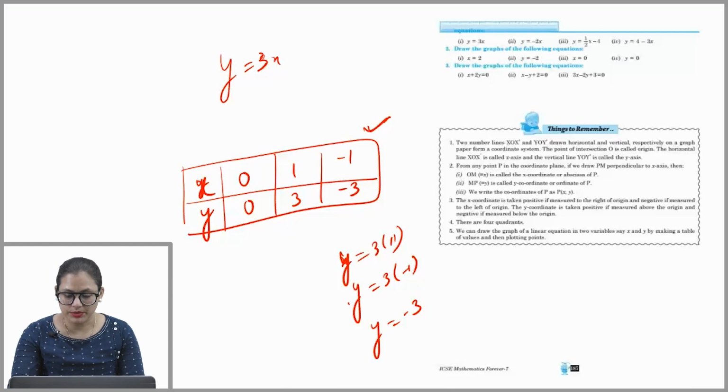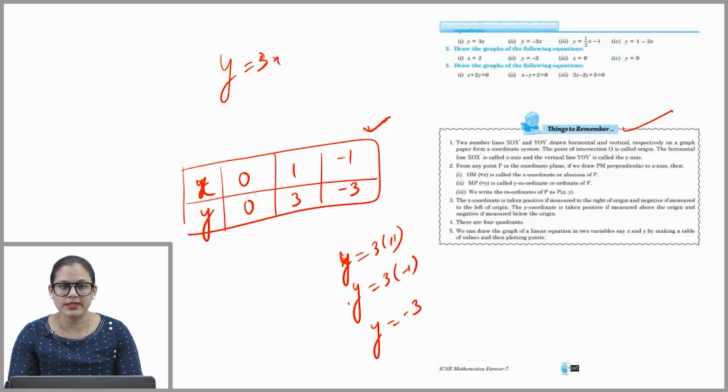Okay, things to remember. Number 1: two number lines XOX' and YOY', drawn horizontal and vertical respectively on a graph paper, form a coordinate system. The point of intersection O is called the origin. The horizontal line XOX' is called the x-axis and the vertical line YOY' is called the y-axis. 2.